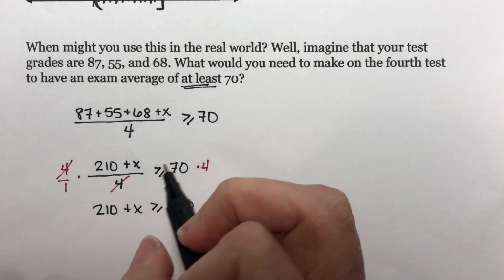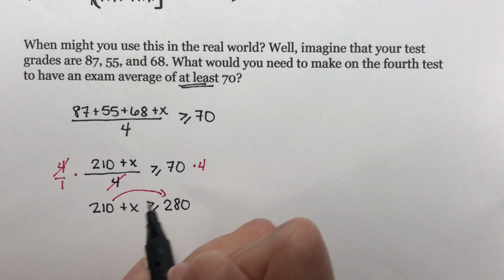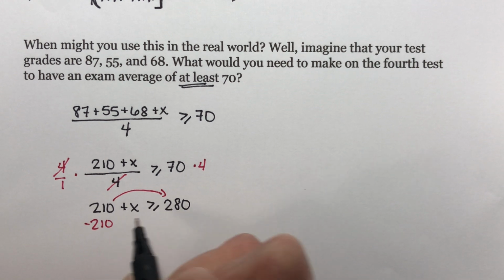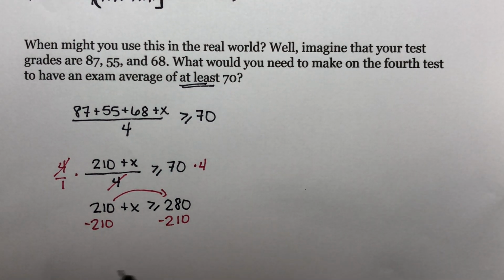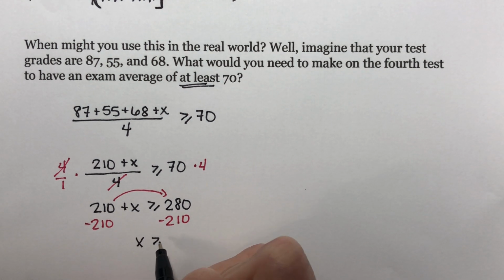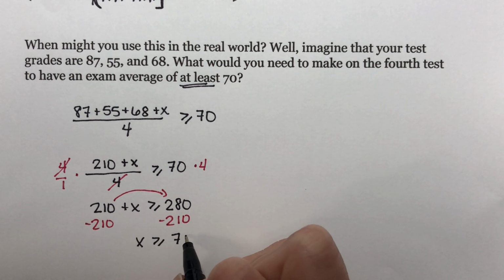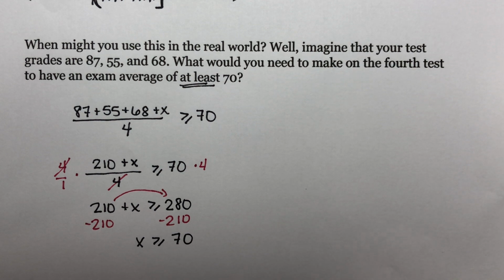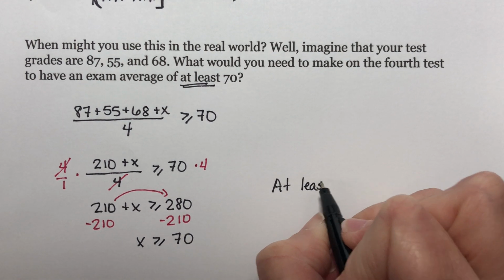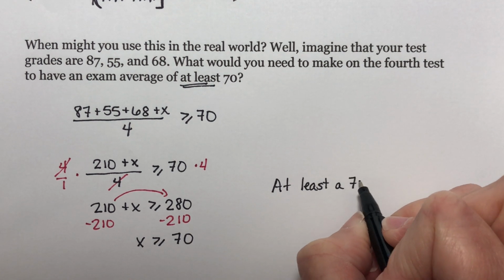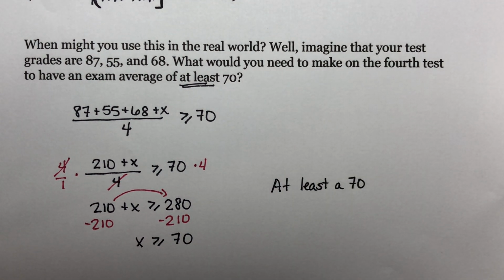Now get that x alone by subtracting 210 from both sides. And you get that x is greater than or equal to 70. So what do you need on that fourth test? At least a 70 in order to end up with a 70 average.